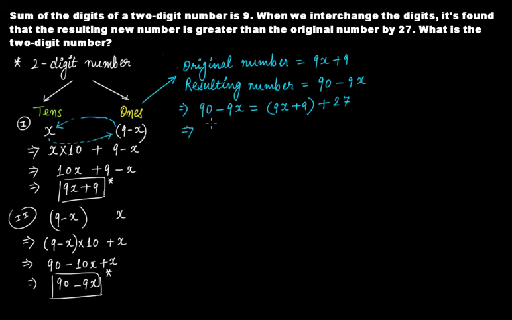If you solve it, you get 90 minus 9x is equal to 9x plus 36. Solving this one, you get 90 minus 36 is equal to 18x. If you solve this one, you get 18x is equal to 54.